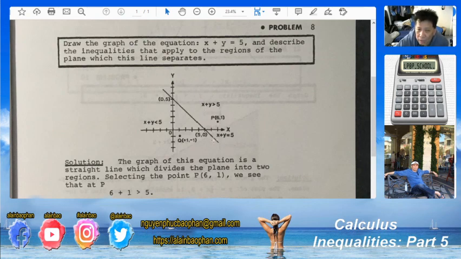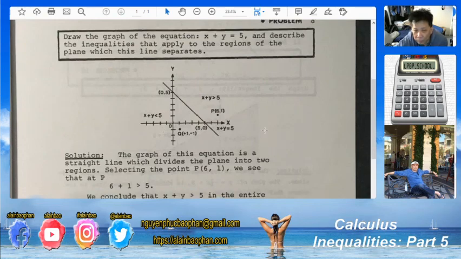And the straight line is x plus y equals 5. Okay, so they have 3 parts: the straight line x plus y equals 5, the right-hand side or the above area, x plus y greater than 5, and the under or the left area, x plus y less than 5.